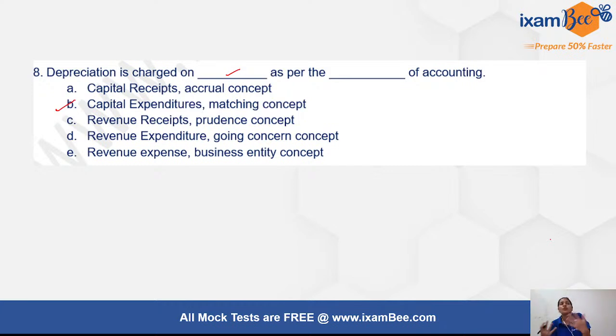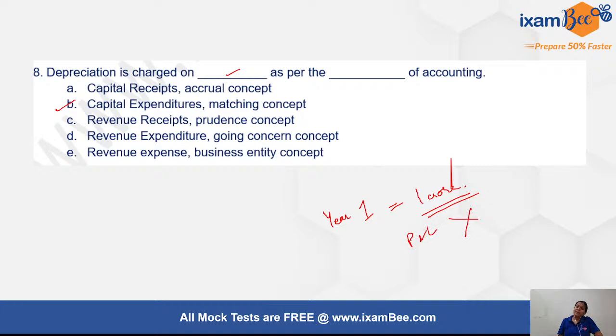Say for example, if we are going to use that plant for 10 years, and we bought the plant in year 1 for say 1 crore rupees, then we are not going to show the expenditure of 1 crore in our profit and loss account. That will be incorrect. Why? Because I am not going to take benefit of this expenditure in year 1 itself, but I will be taking the benefit of this in 10 years.